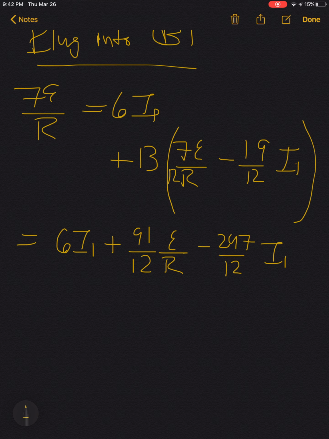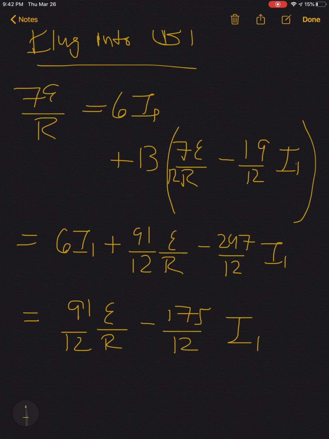Now we want to combine those two terms. So what this ends up becoming is 91 twelfths E over R minus 175 twelfths I1.